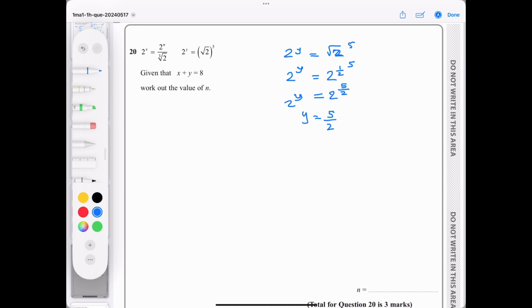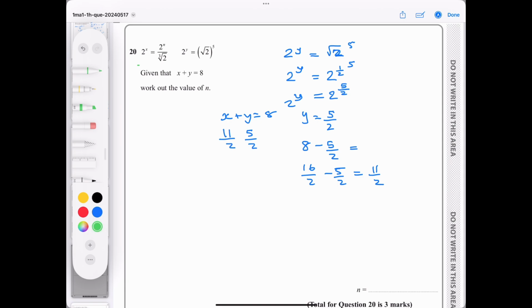Now 8 minus 5 over 2, since x plus y equals 8. So 8 minus 5 over 2 is 16 over 2 minus 5 over 2, which equals 11 over 2. So y equals 5 over 2 and x equals 11 over 2.